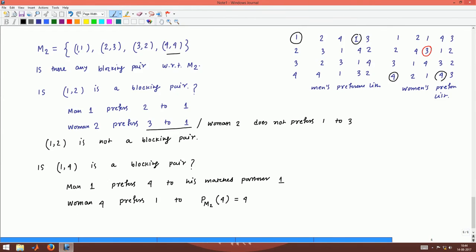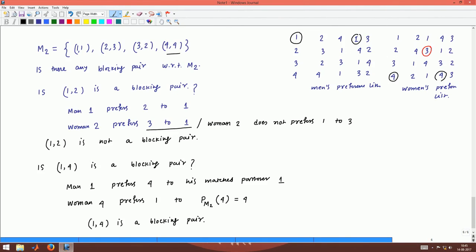So both sides are true: man 1 prefers 4 to his matched partner 1, and similarly woman 4 also prefers 1 to her matched partner 4. So that is why (1, 4) is a blocking pair.